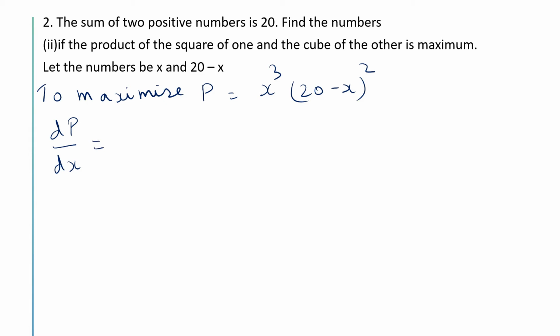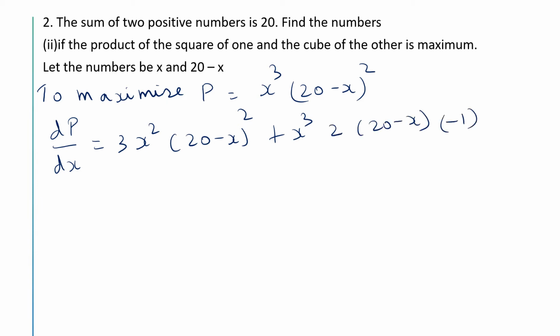Now dP by dx is equal to 3x square into 20 minus x the whole square plus x cube into 2 into 20 minus x into minus 1. Because we have to use chain rule, 20 minus x the whole square is 2. If we differentiate this, 2 into 20 minus x, then if we differentiate this, we get minus 1.